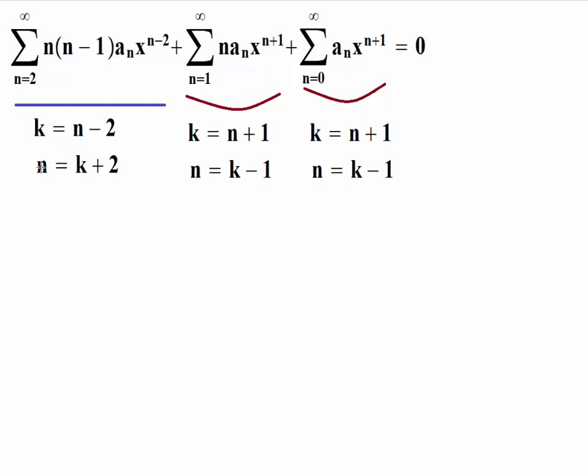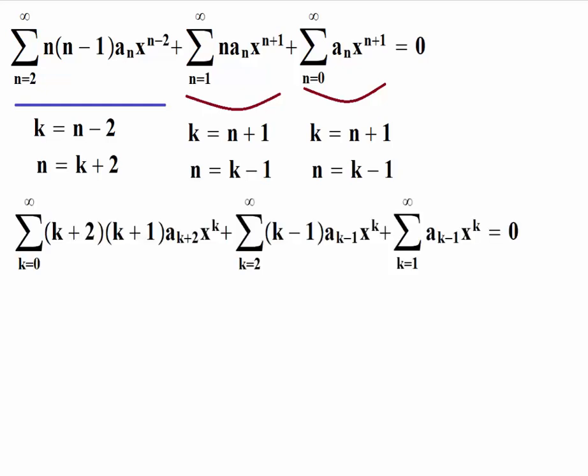And here, when n equals 2, k becomes 0, and the transformation becomes this summation: when n is 2, k is 0, n is k plus 2, n minus 1 is k plus 1, a sub n is a sub k plus 2 now, and this is x to the power k. And likewise here, when n is 1, k is 2, and n is of course k minus 1, and we have done the substitution likewise.